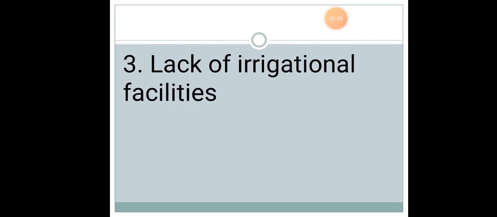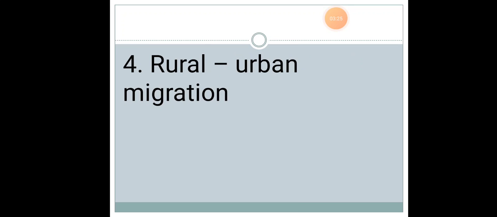When there is no proper water facility, it leads to seasonal unemployment. Only for a particular period the person will be employed, and for the leftover time the person will be unemployed. That is about the lack of irrigational facilities.